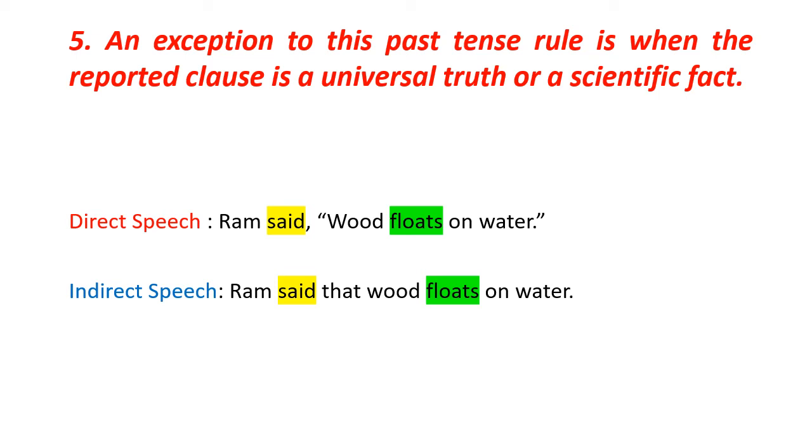Let's see the example again. Ram said. "Said" means the reporting verb is in the past tense. But here it is a scientific fact. Ram said, "Wood floats on water." Indirect speech: Ram said that wood floats on water.